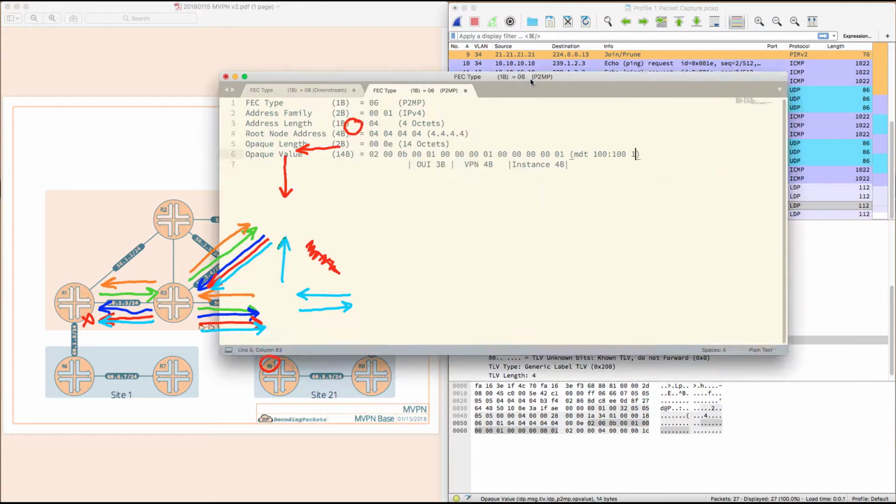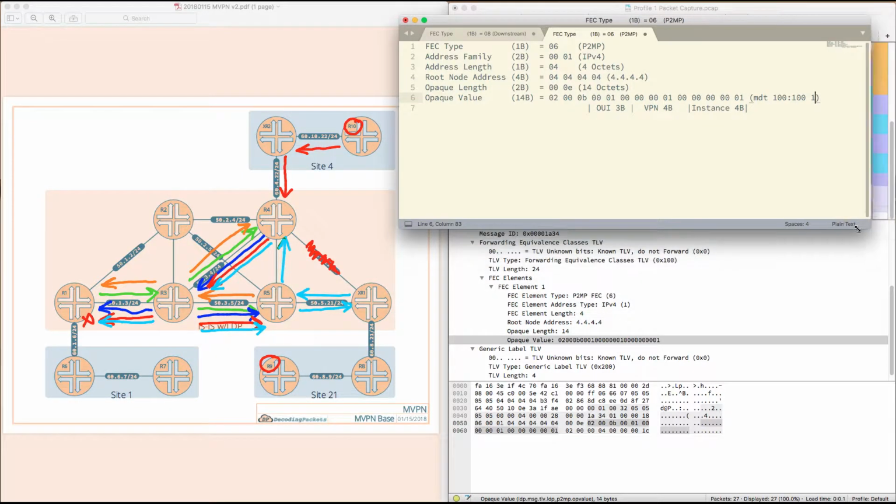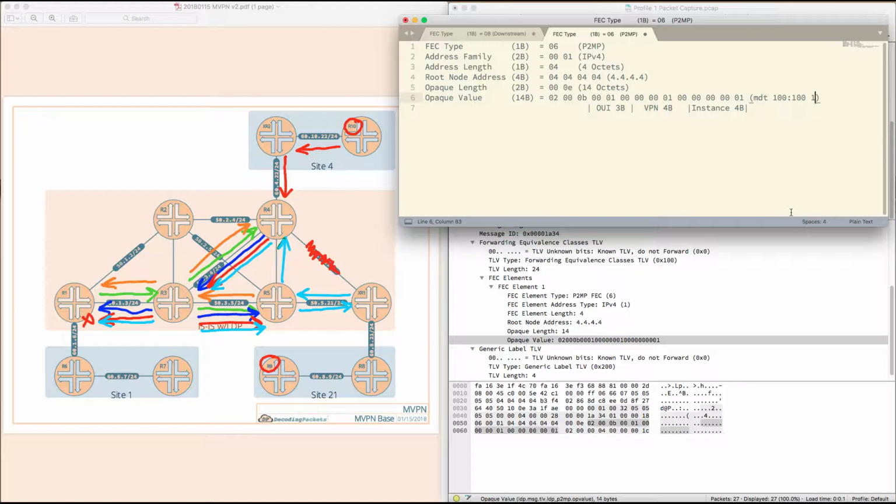What I did was I took this opaque value down here, brought it up, and tried to break it down. 02000B seems to be the code that they're using for MDT. That particular sequence tells the other router to decipher the rest of this value as an MDT value, or basically break it down into the VPN ID and the instance number.